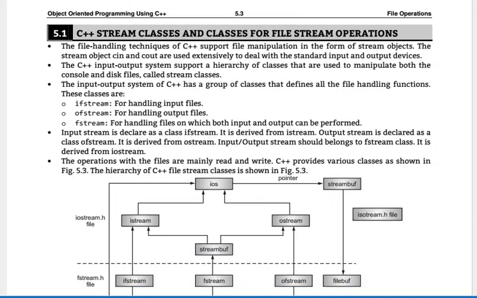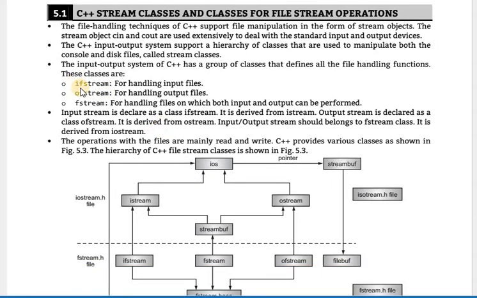Now these are the classes. See here, input file stream, that is ifstream, for handling input files. ofstream, that is output file stream, which is used for handling output files. And now fstream, that is a file stream for handling files on which both input and output can be performed. So this is the input file, this is the output file, and this is the file on which we can perform input-output operation.